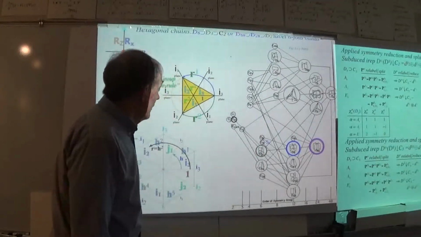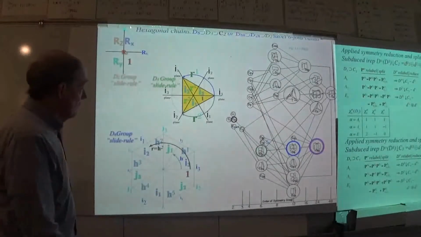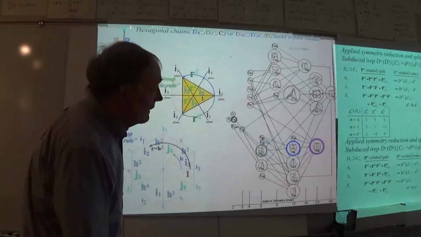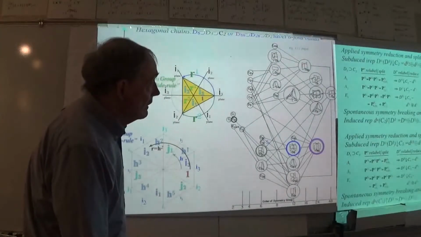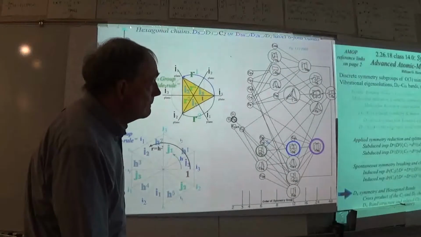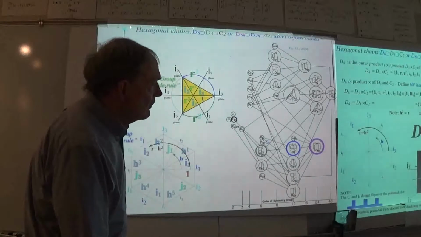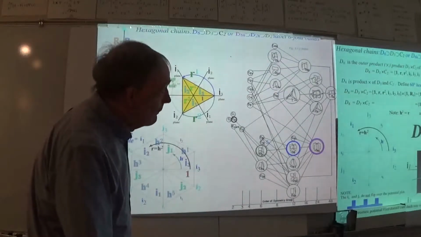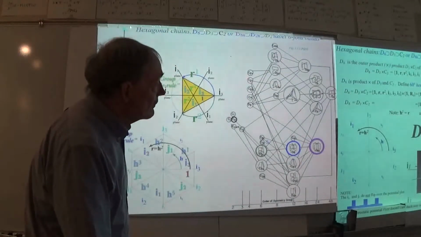Okay, so this is the slide rule for D6. And probably wouldn't hurt if I go ahead and show pictures of the operations that go with this. And it's probably not good to use that slide right, this machine right here, because it has problems with contrast.